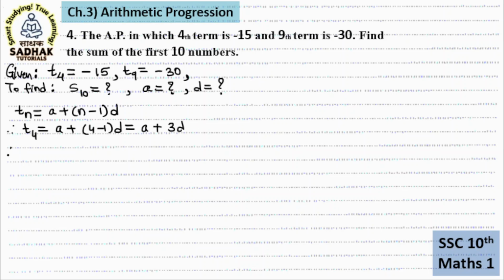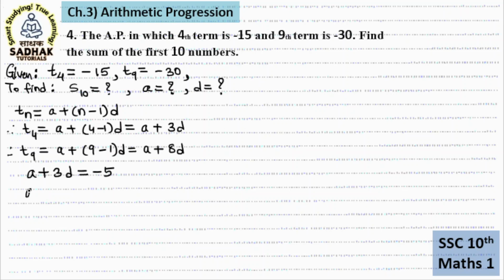And T9, the ninth term, will be A plus (9 minus 1)D, so that will be A plus 8D. Now from the given information, T4 is equal to minus 15, so A plus 3D is equal to minus 15.